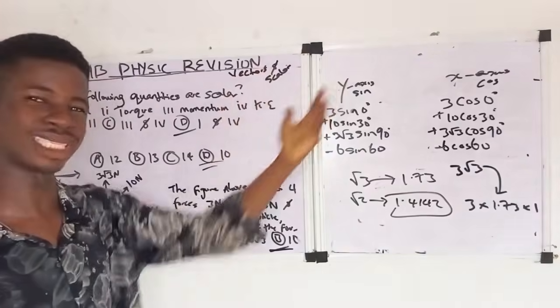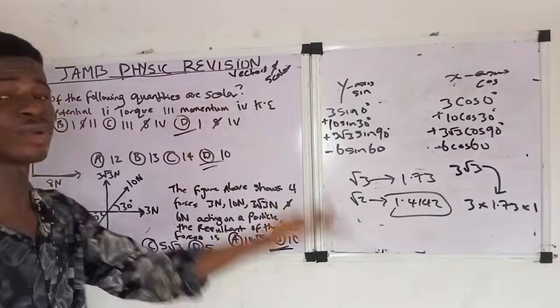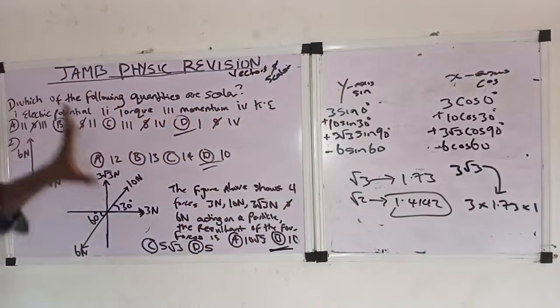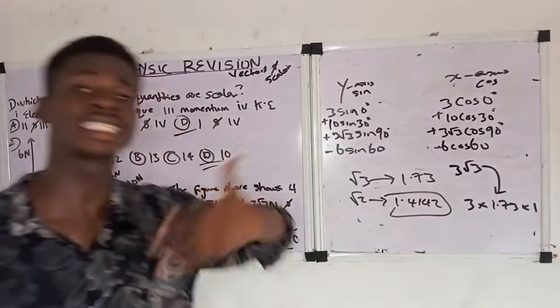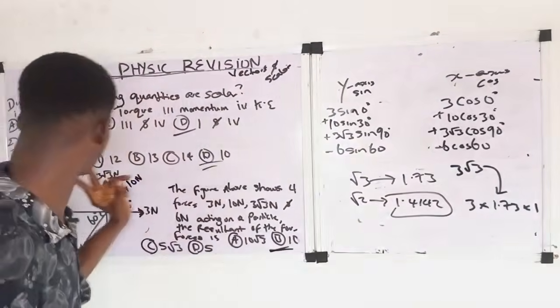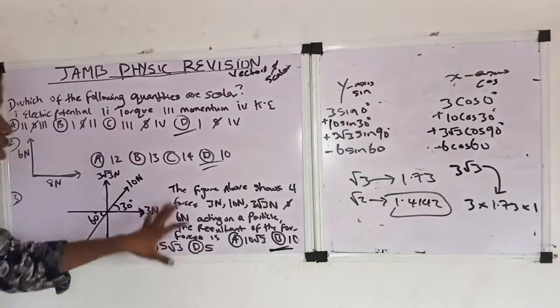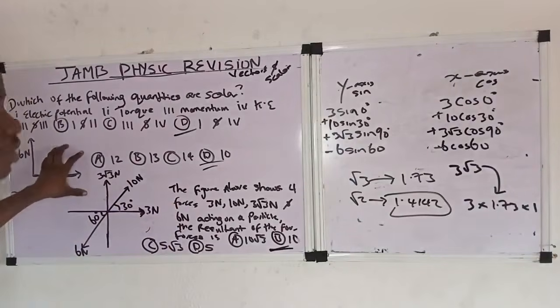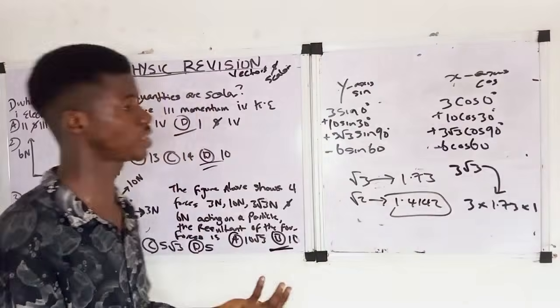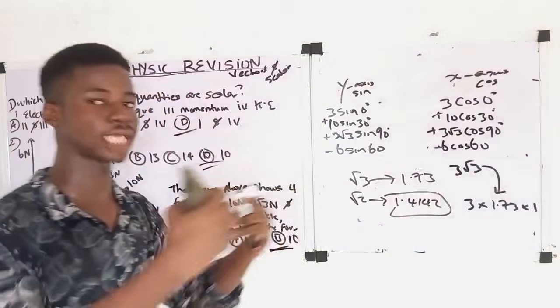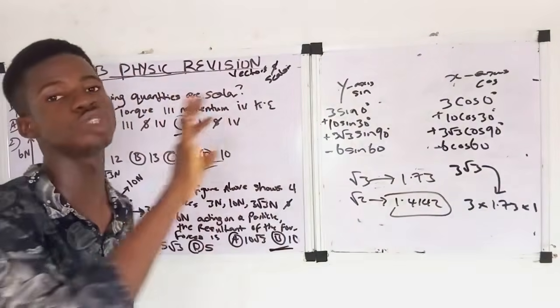So let's move to the next aspect. You can expect questions like which of these is scalar, which of these is a vector. Then calculation questions like resolution of vectors, perpendicular vectors, and so on. Now let's move to the next aspect, which is motion.